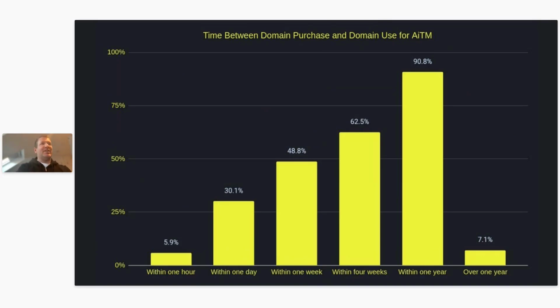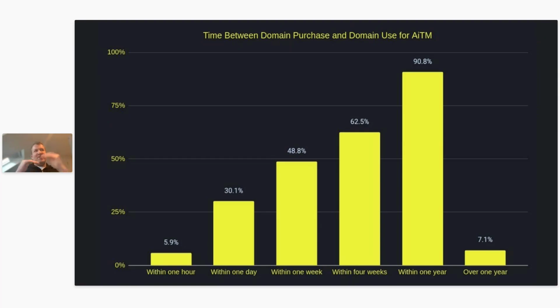The chart shows it all really: most of these domains are used within essentially a month, within 4 weeks of being purchased. I think that was a little bit of a surprise to us. We'd expected it to be earlier.